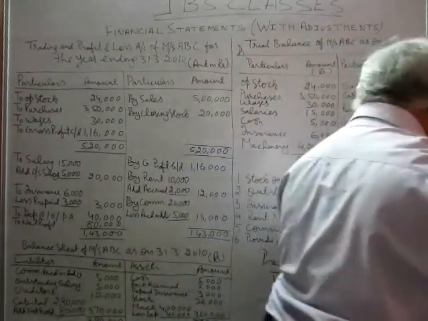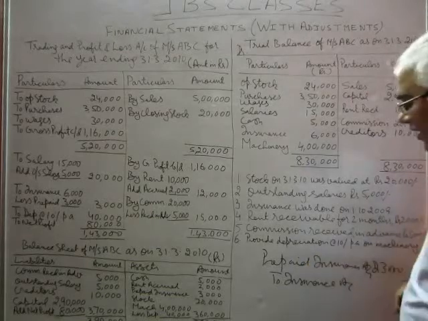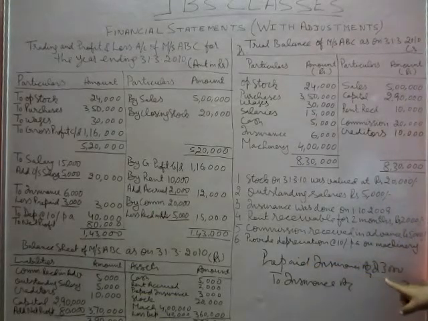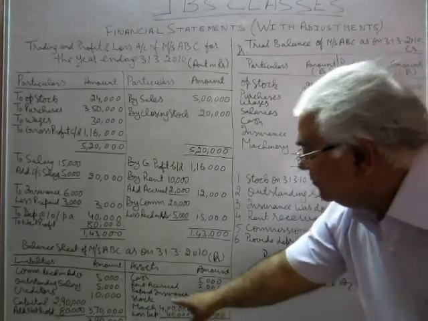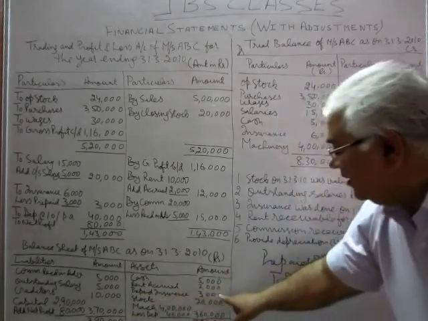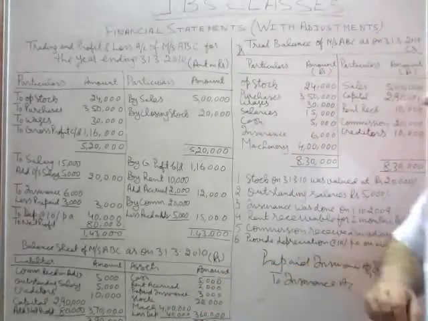Now, because of this, what will happen? This new account has come into books, prepaid insurance 3,000, and it is shown on the asset side of balance sheet here, prepaid insurance 3,000, right?